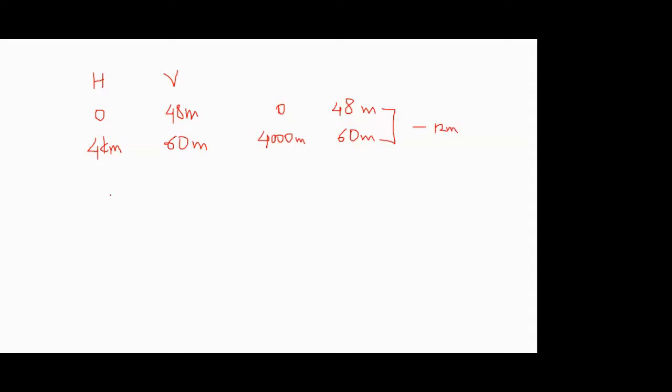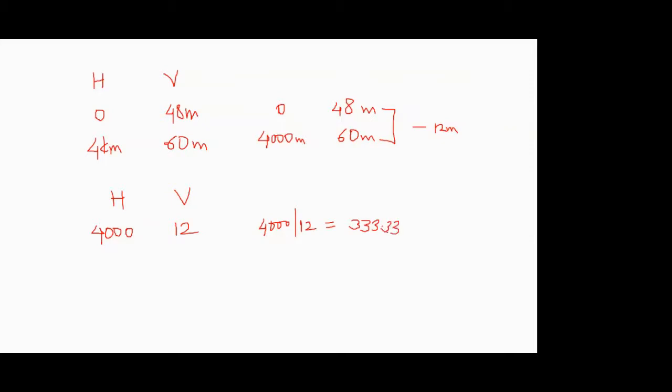So for 4000 meter horizontal, I am getting a vertical rise of 12 meter. If you simply divide 4000 by 12, you get 333.33.